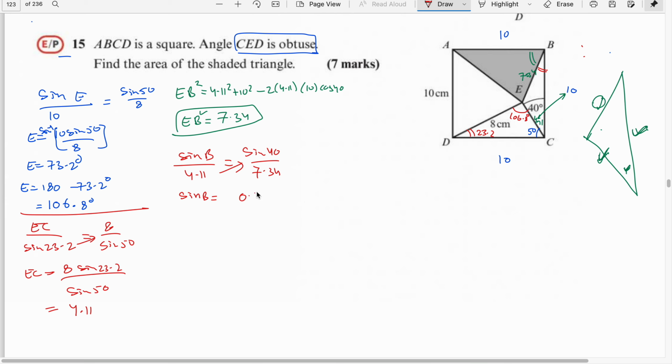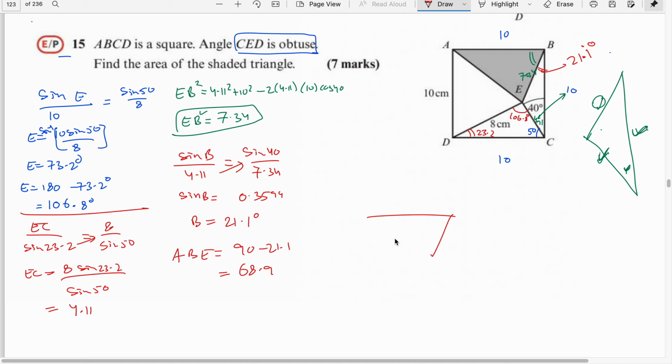This is 0.3599, and B is equals to sine inverse of this, that is 21.09, makes it 21.1. So this is 21.1. So I have the angle inside. ABE is 90 minus 21.1. So 90 minus 21.1 gives you 68.9.